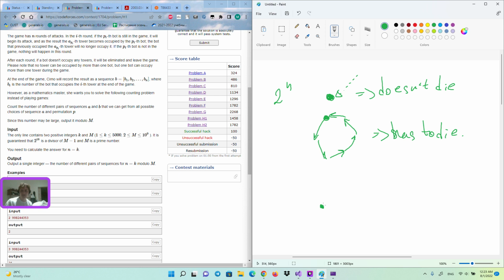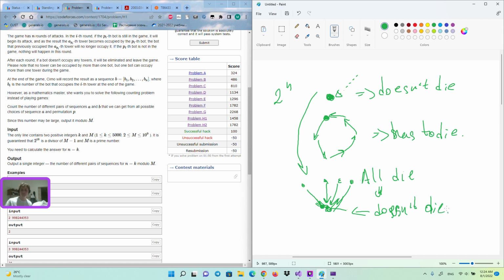The third problem is the generalization of this one. So assume there are several vertices and edges into this one. If all these die, then this one doesn't die. Okay, that's it.